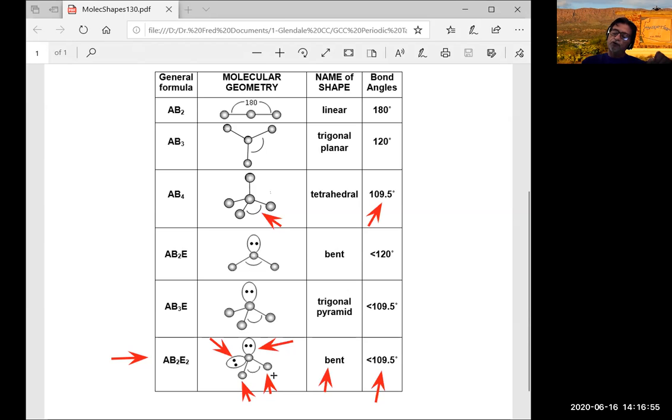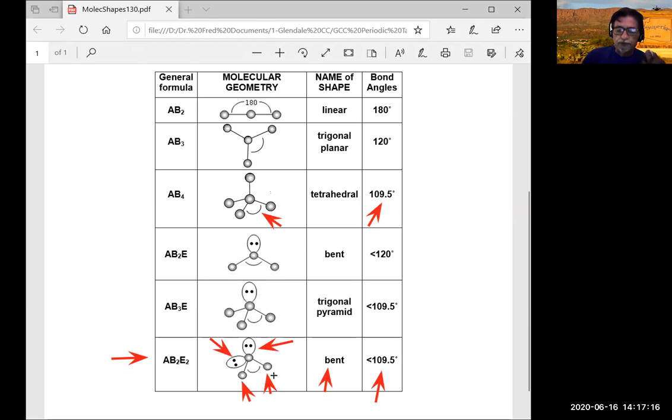Something to put in long-term memory. Whenever you have lone pair of electrons on an atom, you're going to have a property that we call polar. We're going to have a lot more to say about that. Polar species. Because basically, the covalent compounds, we have two types of covalent compounds.